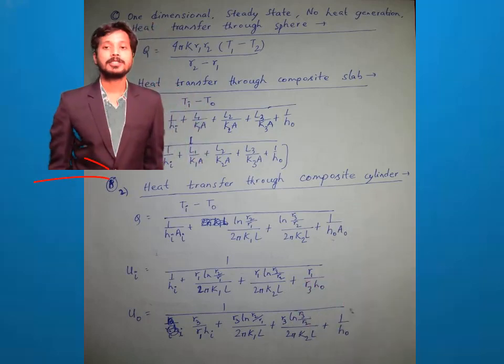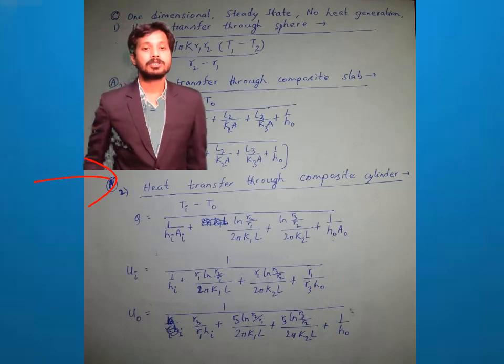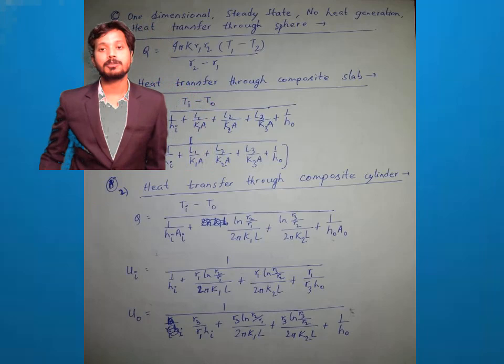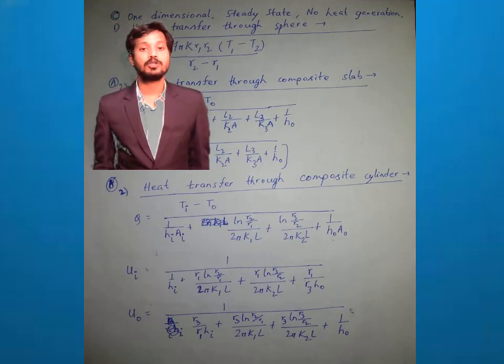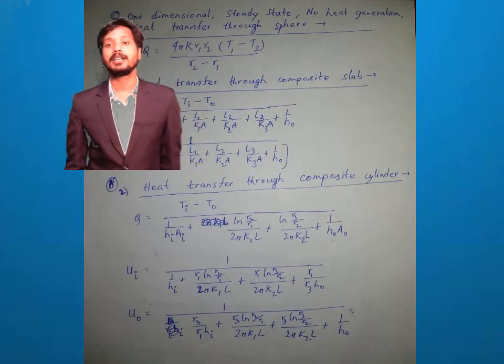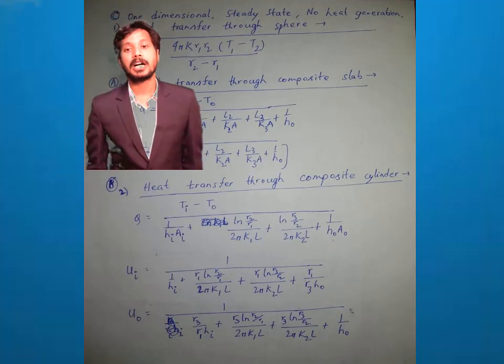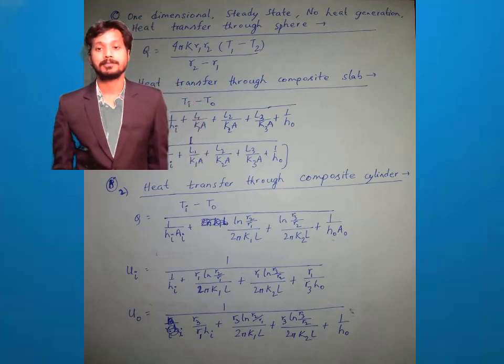And heat transfer through a composite cylinder: Q = (Ti − T0)/(1/(hi Ai) + ln(R2/R1)/(2πK1L) + ln(R3/R2)/(2πK2L) + 1/(h0 A0)).